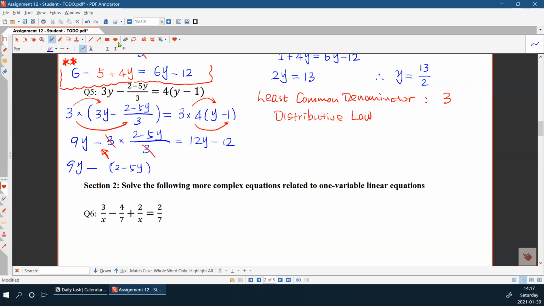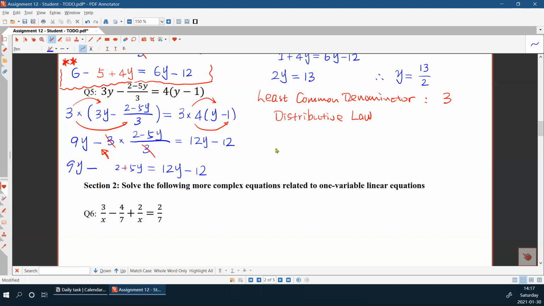When you remove the brackets, everything inside it changes its sign. So you have 9y minus 2 plus 5y, right? Equals 12y minus 12. Okay, so now we can combine and merge.